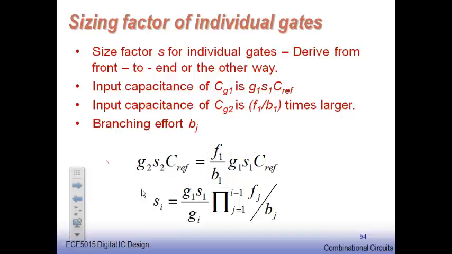So at any stage i, Si will be equal to the product of Fj by Bj for j equal to 1 to i minus 1. I leave the first stage out. Now what do G1, G2 and all signify? The logical effort, and the sizing I should take accordingly.